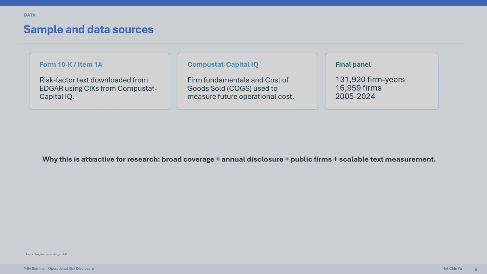Very attractive about this research is the very broad coverage. It's annual data, disclosed regularly, public firms, and scalable text measures. And this is a very nice job.